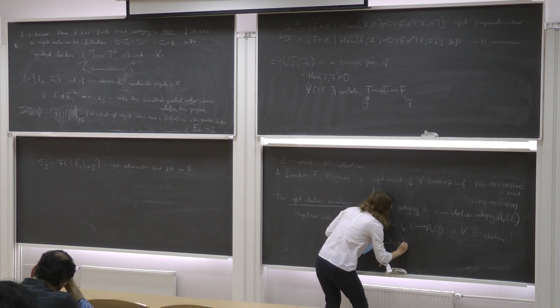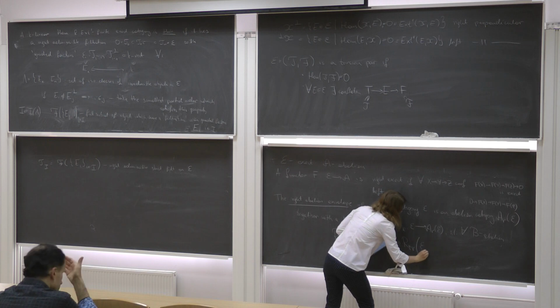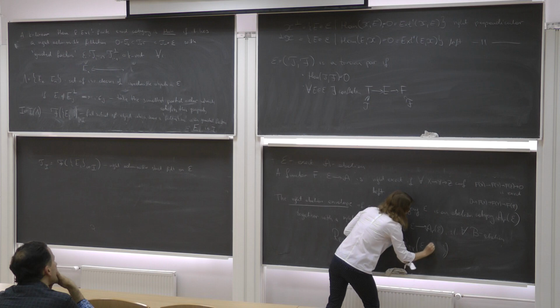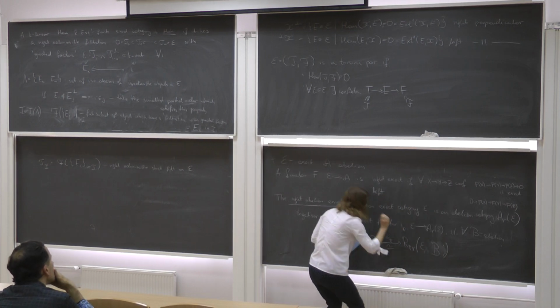I will get a right exact functor from E to B, and I want this to be an equivalence.